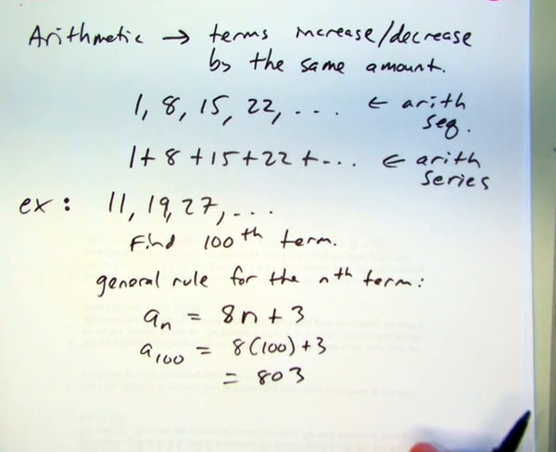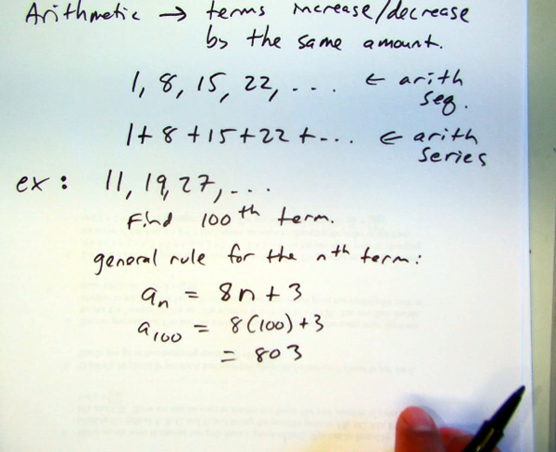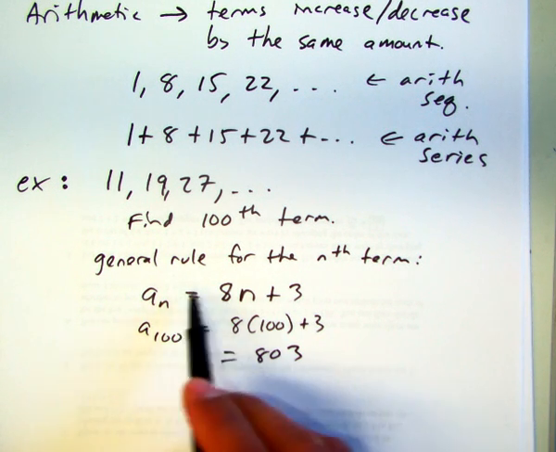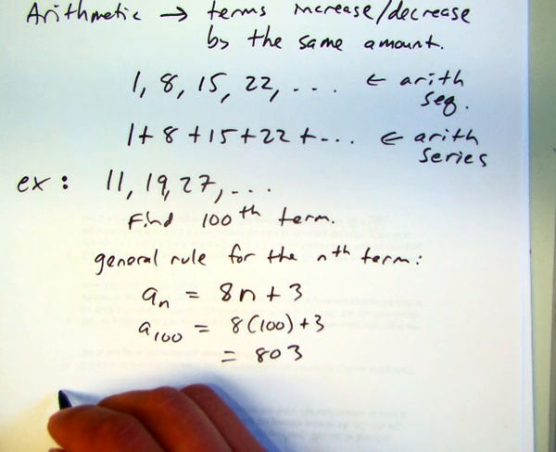Now, sometimes it might be more convenient to have a rule that is always the formula for an arithmetic sequence. So here's what that looks like.